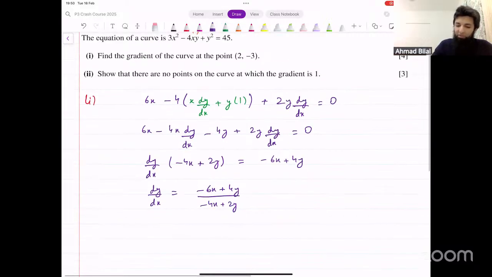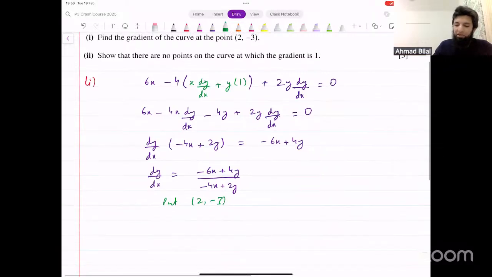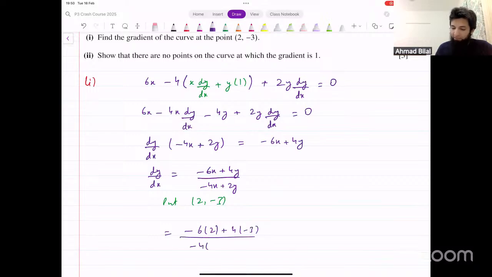And now we put that point here. The point is (2, -3). In place of x, you put 2. In place of y, you put minus 3. And you would get that gradient. What's this? Minus 6 times 2 plus 4 times minus 3, sorry, divided by minus 4 times 2 plus 2 times minus 3.